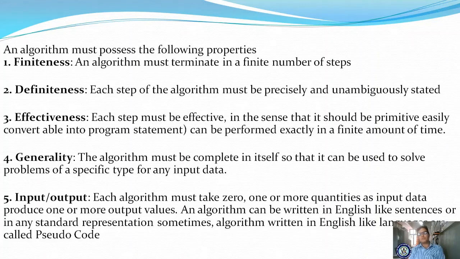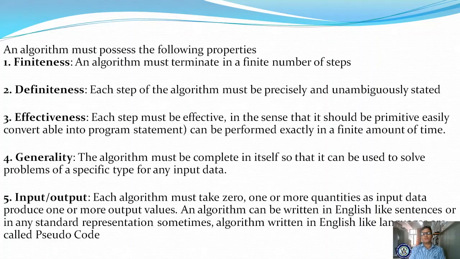Each algorithm must take 0, 1 or more quantities as input data and produce one or more output values. So every algorithm has to accept either 0 or 1 or more quantities, it may be any number of values, and it has to produce one or more outputs. An algorithm can be written in English-like sentences or in any standard representation.